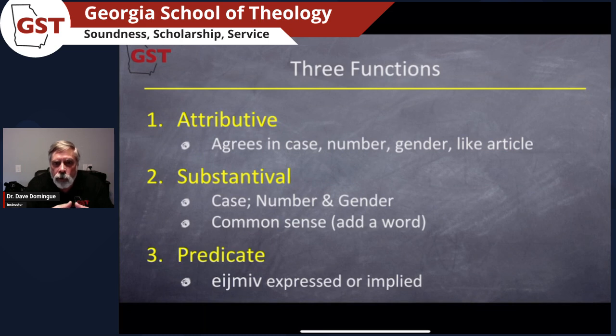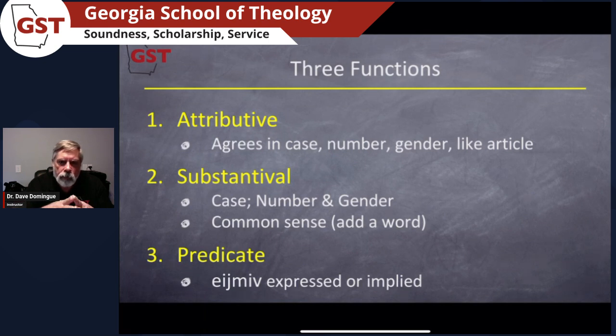The good, the bad, and the ugly. Remember the movie with Clint Eastwood? The good, the bad, and the ugly. Those are adjectives: good, bad, and ugly. They're functioning in the nominative case. So good, bad, and ugly will all be in the nominative case. They're all singular and they're all masculine: good, bad, and ugly. And there is nothing for it to modify, which we'll go over in a minute.